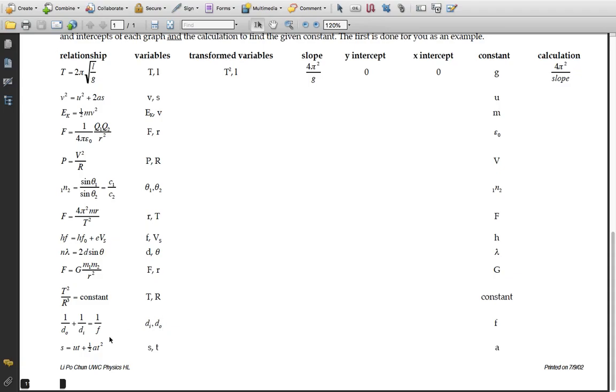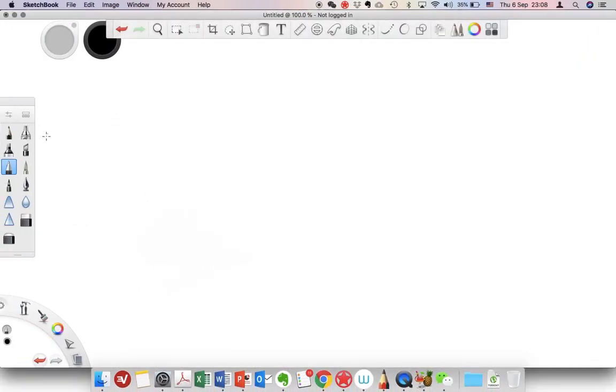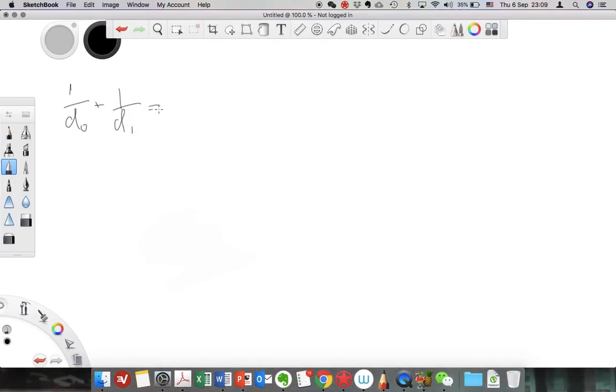So the variables it's interested in are the image distance and the object distance. So let's write this down. 1 divided by object distance plus 1 divided by image distance equals 1 over the focal length.